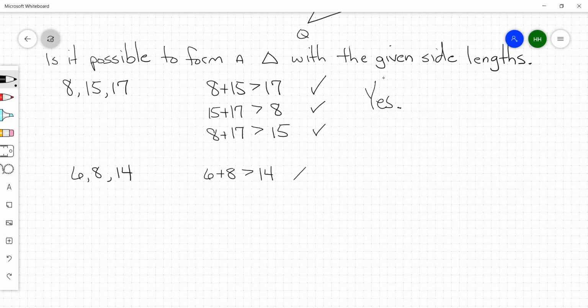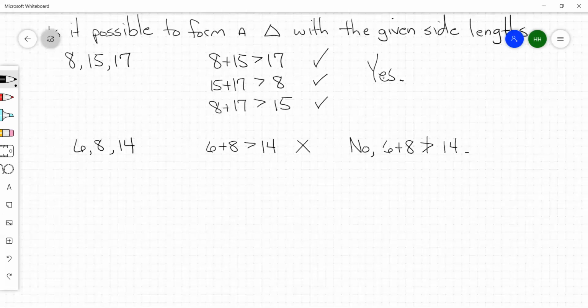No. So right off the bat in your first test, this is a no. 6 plus 8 is not greater than 14 is your explanation. So sometimes it works out on the first one you try. Sometimes you got to try all of them. Anybody have a problem with that?